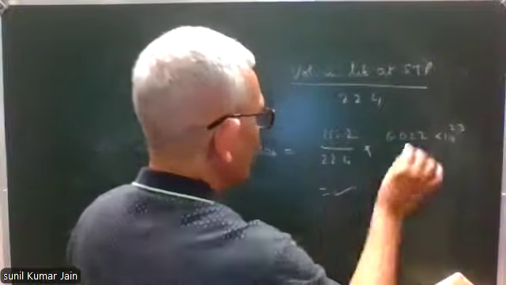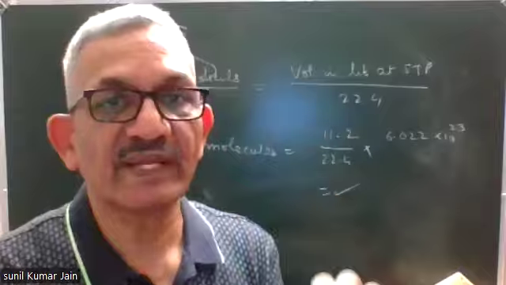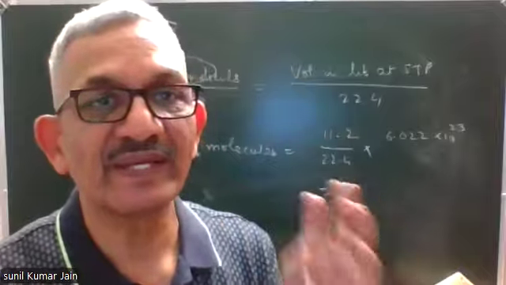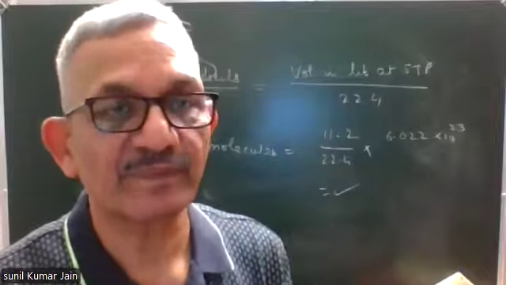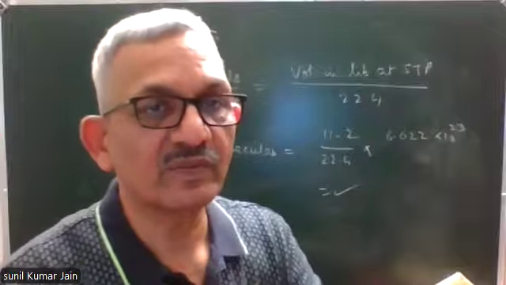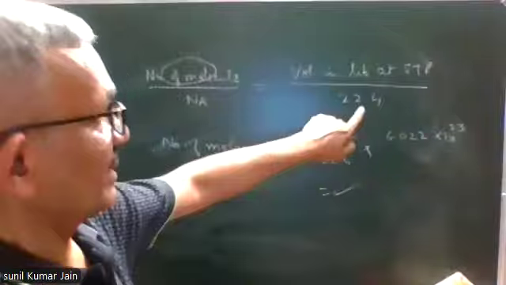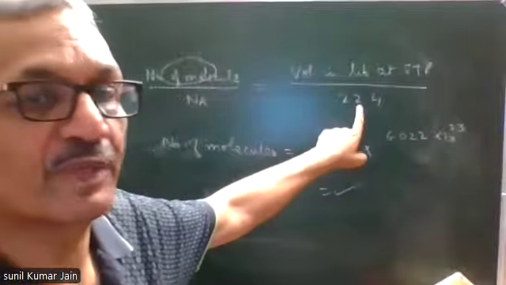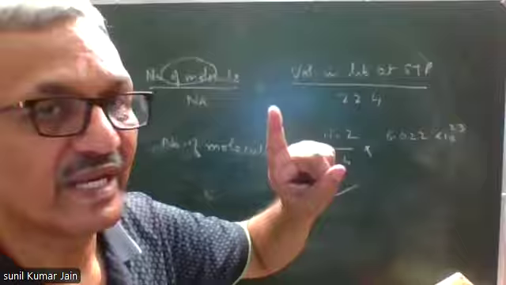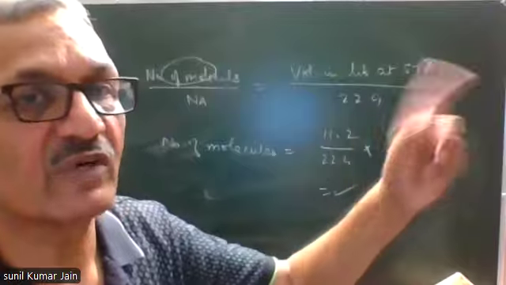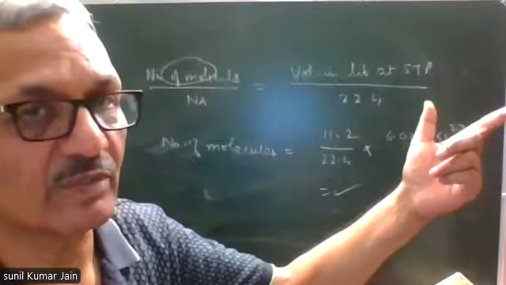As I told you, as you solve more and more numericals, you'll be able to solve in a much easier method. See, you can solve by unitary method also. See, 22.4 liters is 1 mole, and 1 mole contains Avogadro number of particles, Avogadro number of molecules.